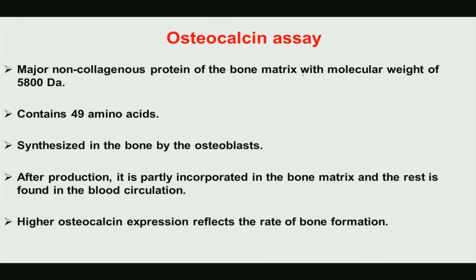on osteocalcin. It is essentially a non-collagenous protein with a molecular weight of roughly 5.8 kilodalton, and it contains 49 amino acids. It is synthesized in bone by the osteoblast.